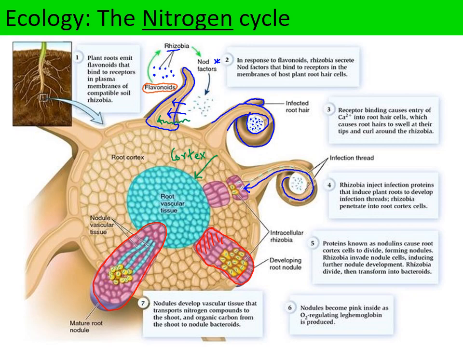And it also starts to develop vascular tissue. And we know that vascular tissue contains xylem vessels, xylem tracheids, and also phloem tissue. So that is going to allow the movement of ammonia into the xylem in the middle of the root. So ammonia and ammonium ions are transported up the xylem through the root structure to the rest of the plant.